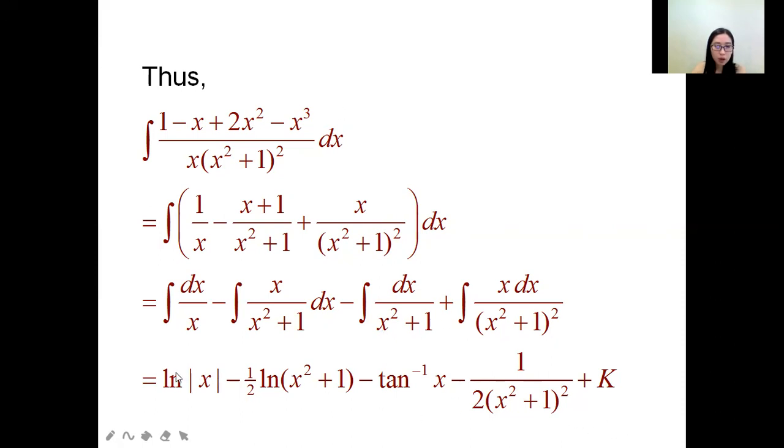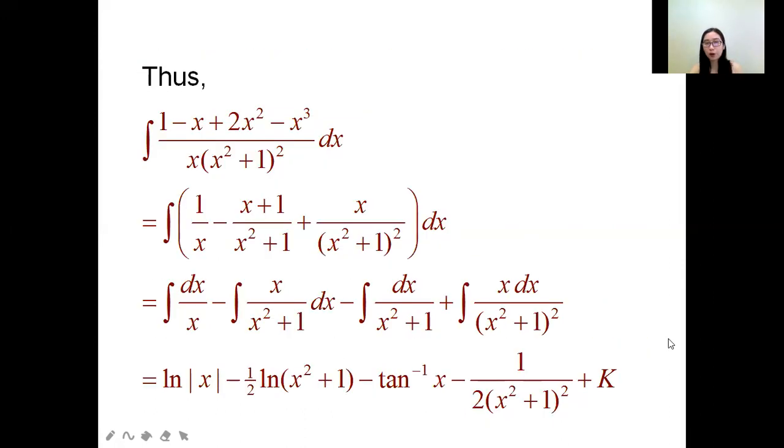Tapos, now our final answer is ln absolute value of x, minus 1/2 ln (x squared plus 1), minus inverse tan x, minus 1 over 2 times quantity of (x squared plus 1) squared, plus K.